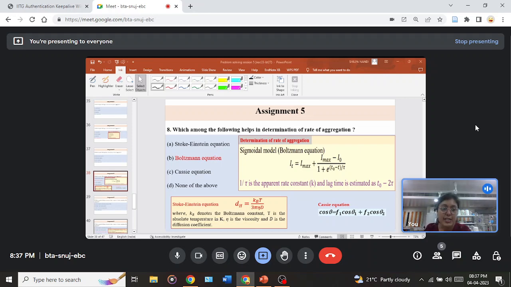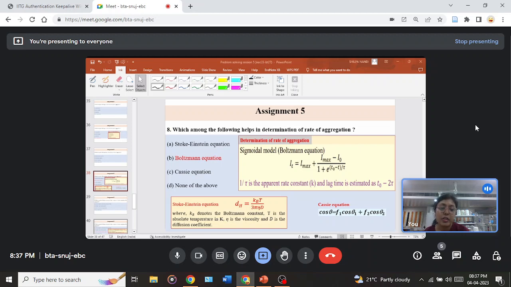Also, you have option C, that is the Cassie equation. As I already told you, cos theta is equal to F1 cos theta 1 plus F2 cos theta 2. Theta is your contact angle that tells you about the wettability. F1 is the fraction of that particular modified surface, let's say amine, that is Fa, fraction of amine, and theta 1 is the contact angle in case of amine modified surfaces.